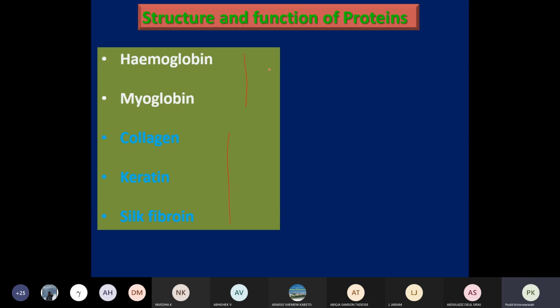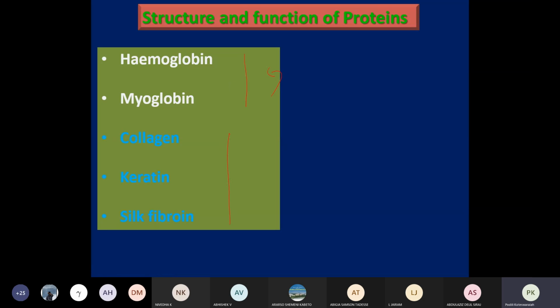So these globular proteins and these fibrous proteins we will be discussing in this module. So now we will discuss elaborately each and every protein structure and its function in detail.